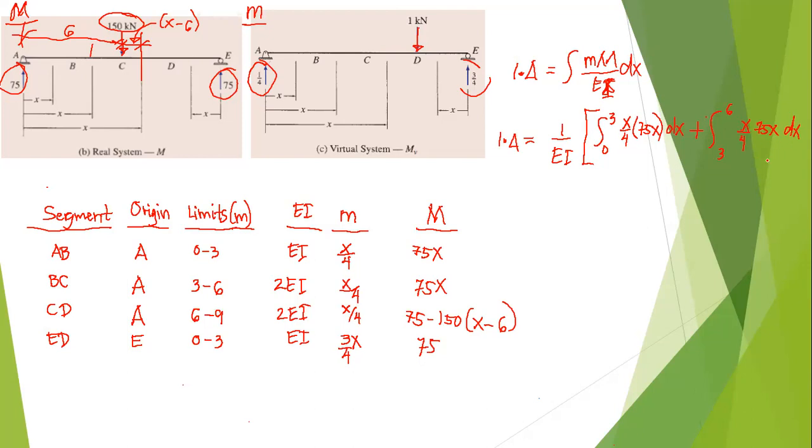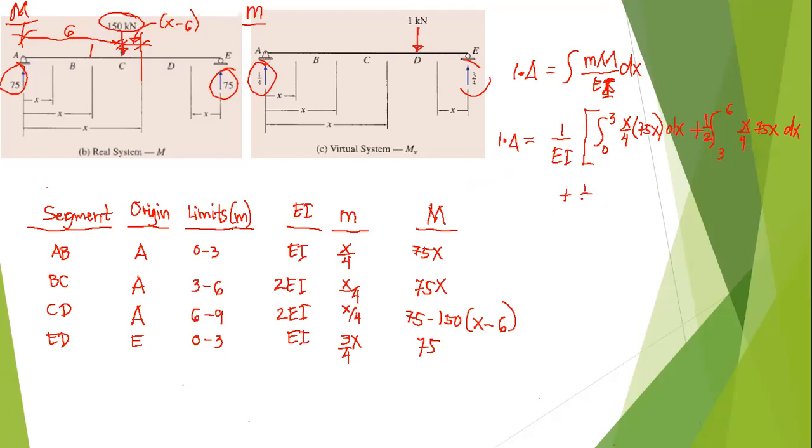Since we have 2EI, we can take out the 1/2. Plus for segment CD, we have, again, 6 to 9.